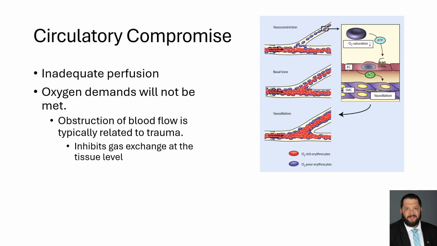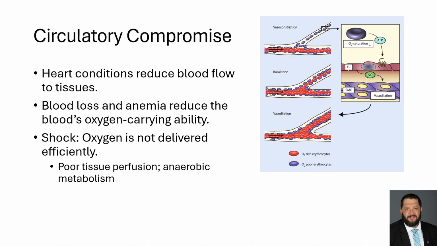So we need to be vigilant about assessing for circulatory compromise as part of looking at even the respiratory and particularly pulmonary patients. Heart conditions exist that can reduce blood flow to tissues. Things like blood loss during anemia reduce the oxygen carrying capacity of the blood. Shock, states of hypoperfusion, right, when the tissues aren't being adequately perfused, they're not getting oxygen.